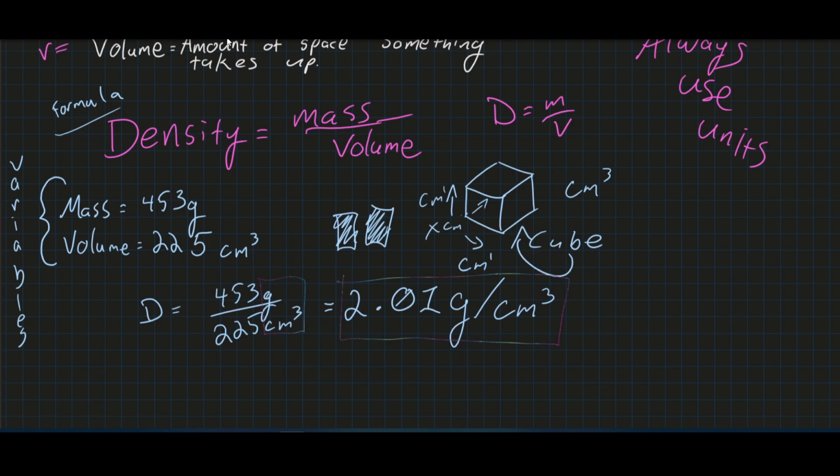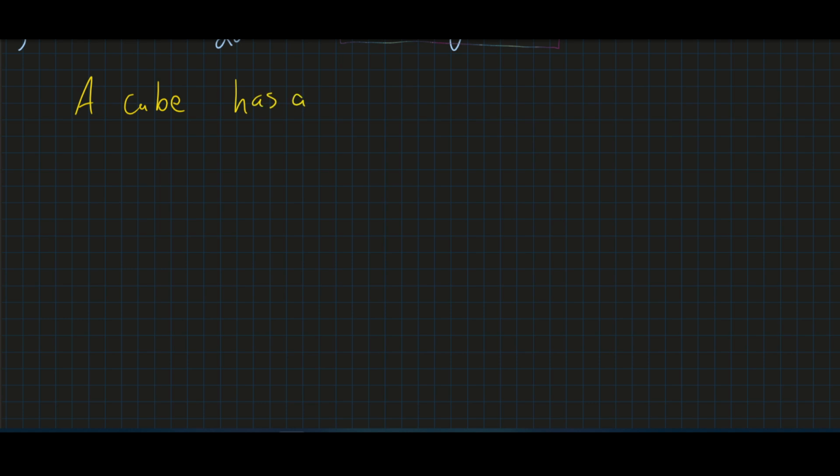Let's see. Let's do another one. Here's a good one. A cube has a mass of 1,450 grams.